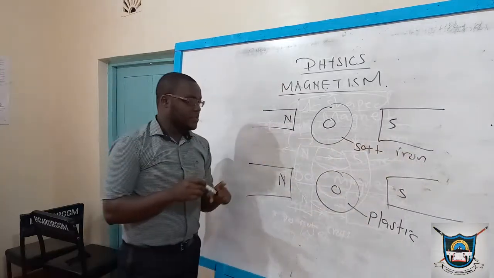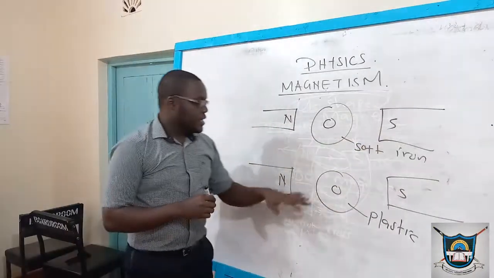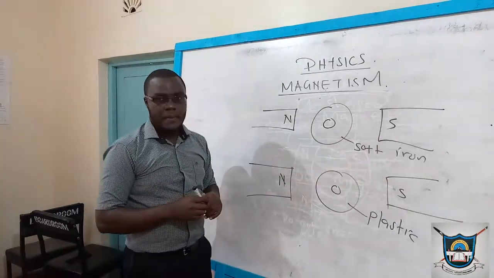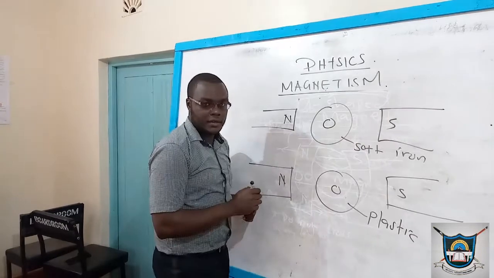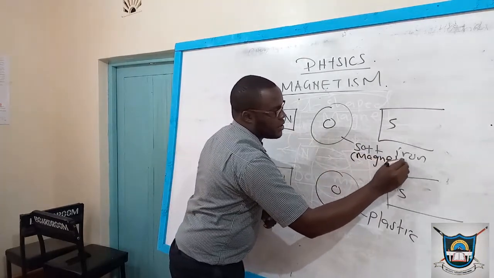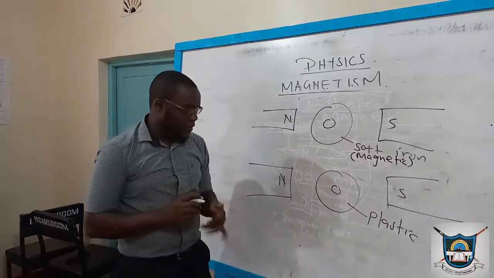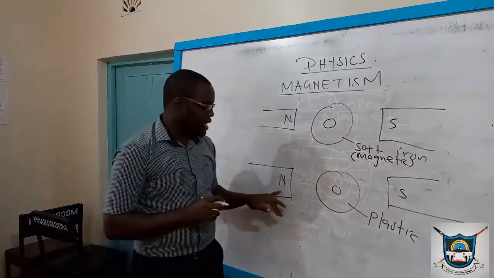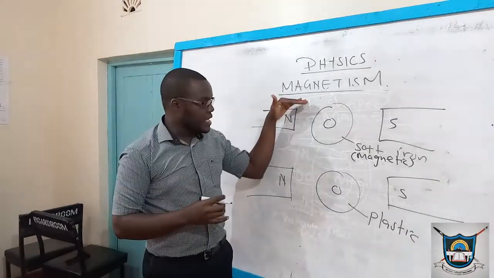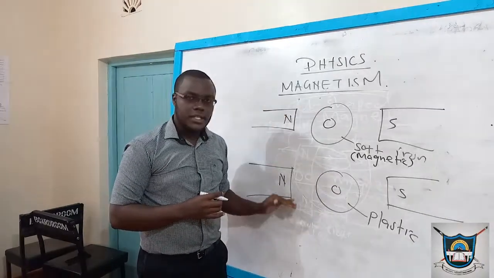This is a trick that is used by examiners, where they know that most of the students know the shape of a soft iron is round. However, we know that soft iron is a magnetic material, while plastic is not a magnetic material. And we want to see what is the difference between the pattern here and the pattern that is formed here.